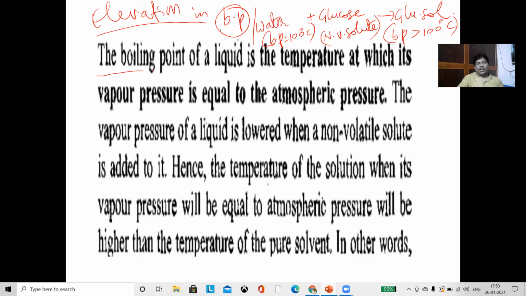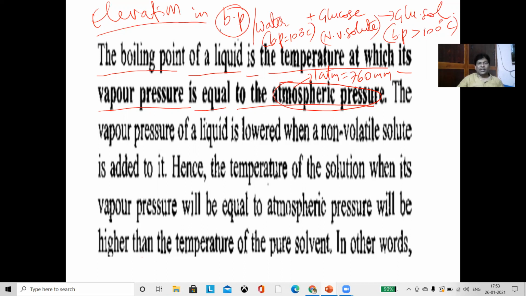Now see, the boiling point of a liquid is the temperature at which its vapor pressure, the vapor pressure of the liquid, is equal to the atmospheric pressure. What is atmospheric pressure? 1 atm. 1 atm is equal to how many mm? 760 mm. 1 atm is equal to 760 mm. That means if you take water and go on heating it, the vapor pressure of water will increase.